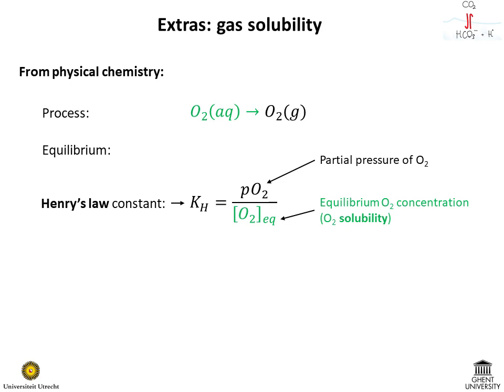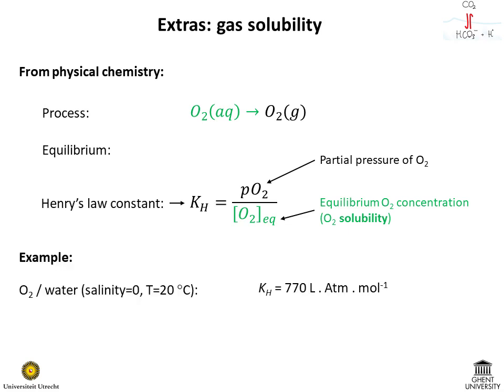Using Henry's law, it is therefore possible to calculate oxygen solubility in water for a given partial pressure of oxygen in the gas phase above the water. For example, for oxygen in contact with water with zero salinity and a temperature of 20 degrees Celsius, the value of the Henry's law constant is 770 liters times atmosphere per mole.